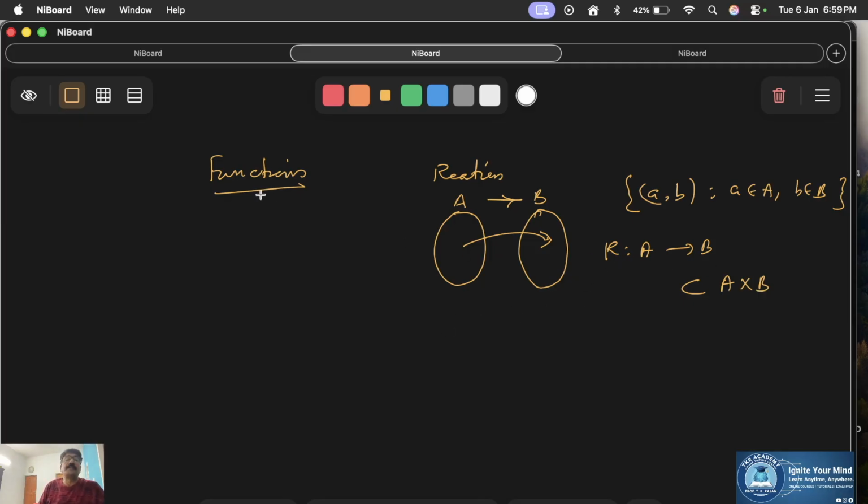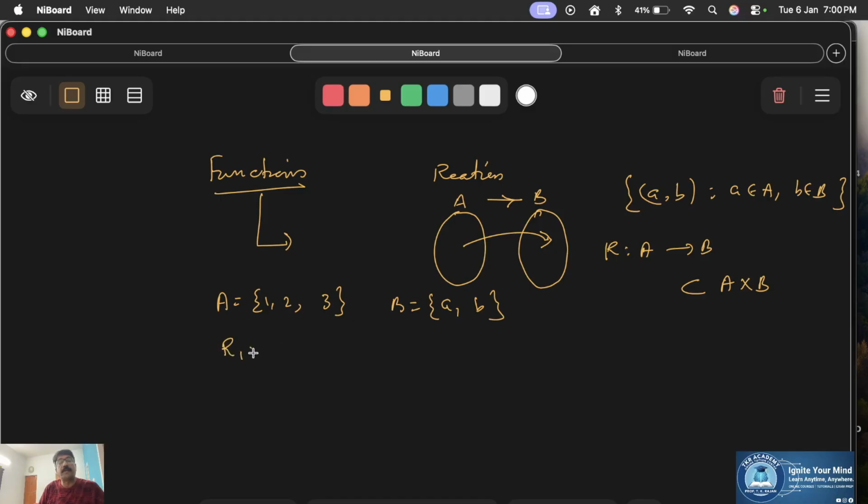Now, a function is a kind of relation satisfying certain conditions. What are those conditions? Before going to the conditions, let us take some examples and see which of the relations that we are going to define are functions. Let A be the set {1, 2, 3} and B the set {a, b}. Any subset of A cross B is a relation.